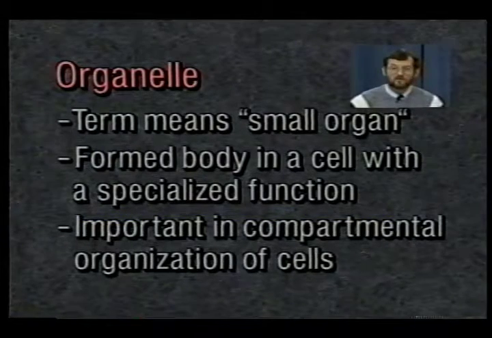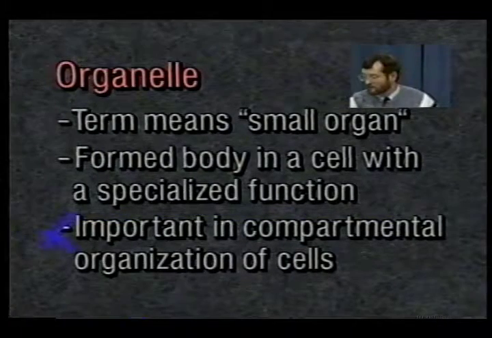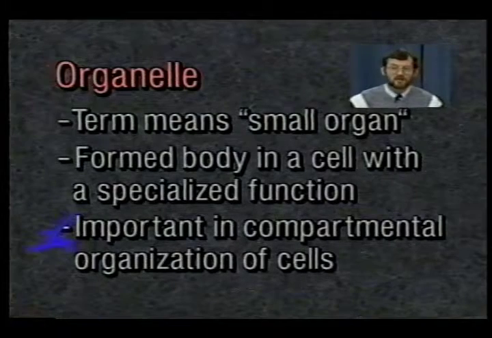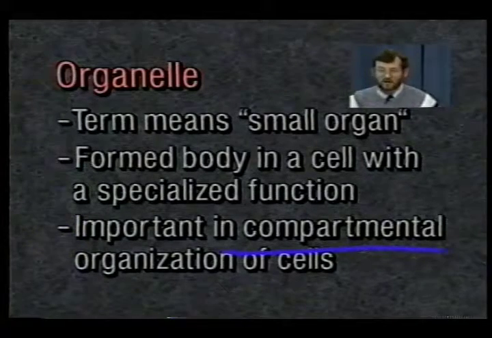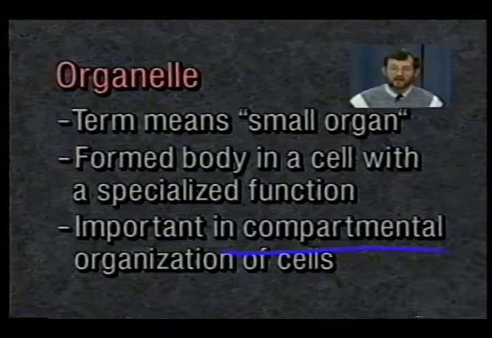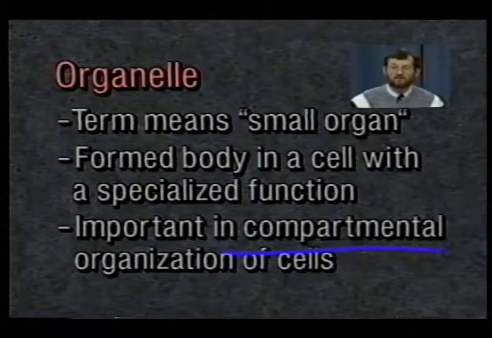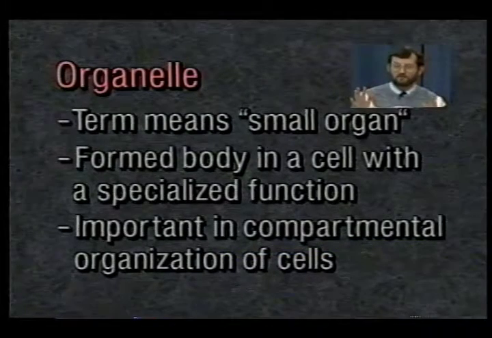Main importance of the organelle is this one right here. They're important because they allow us to compartmentalize and organize the guts of a cell. It's kind of like if you visualize a large warehouse.